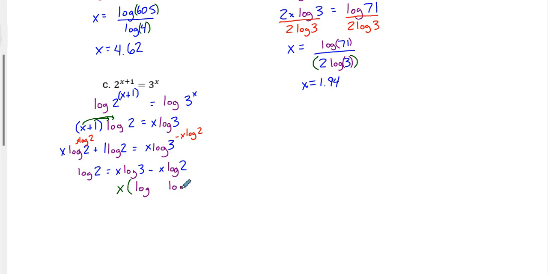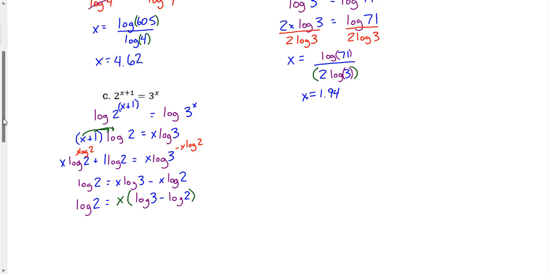So I'm just going to put my logs down. So x times log 3 subtract log 2. On the left-hand side, I just have, more specifically, the log of 2.